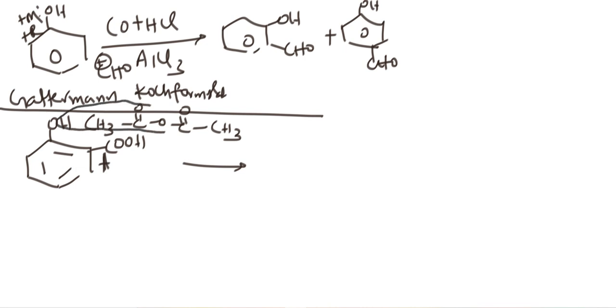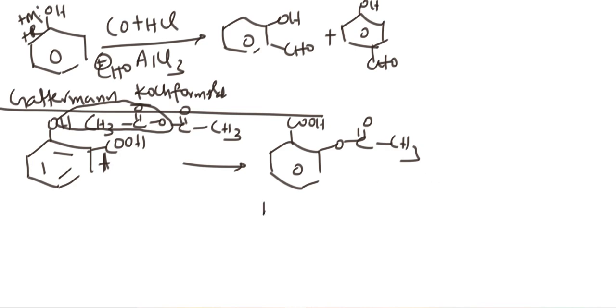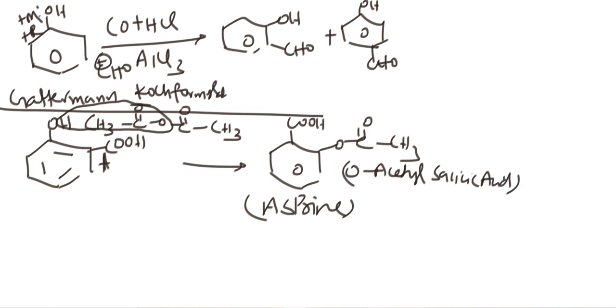Then what part is eliminated? Acetic acid is eliminated. Then this is called ortho acetyl salicylic acid. Okay, so the name of this compound is ortho acetyl salicylic acid, and it is also called aspirin. I hope it is clear.